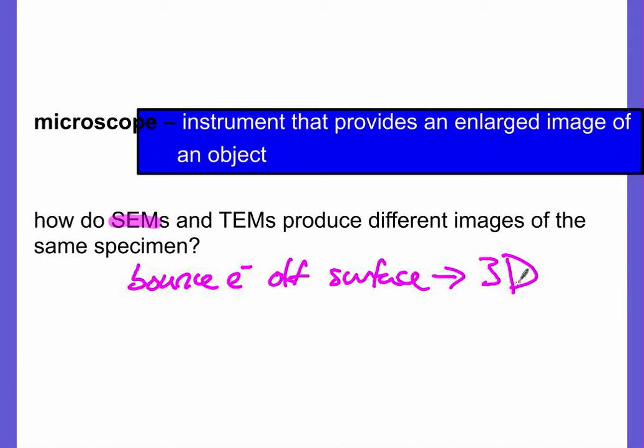Okay, and the transmission electron microscope, that was a little bit different. Right? It's going to take a tiny sliver of that specimen, so you actually have to cut it into cross sections first, and then you shoot your electrons through that specimen and it's kind of like an x-ray.